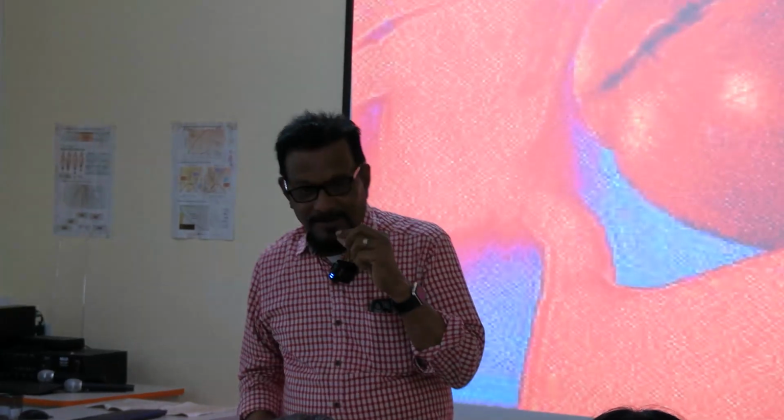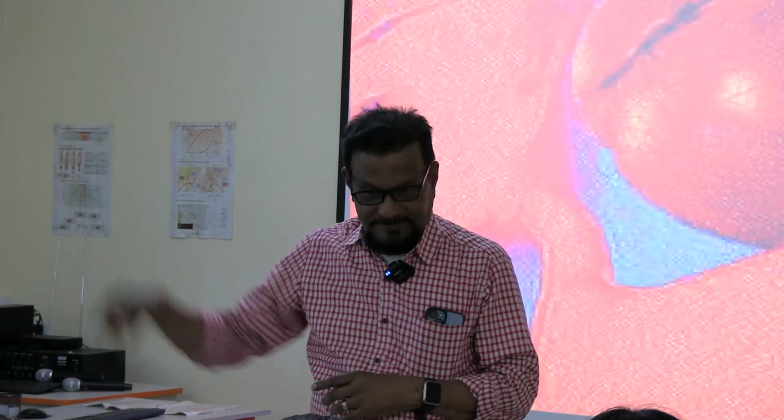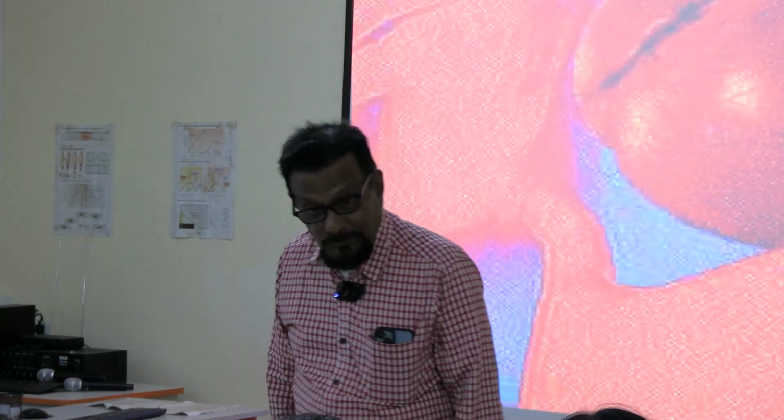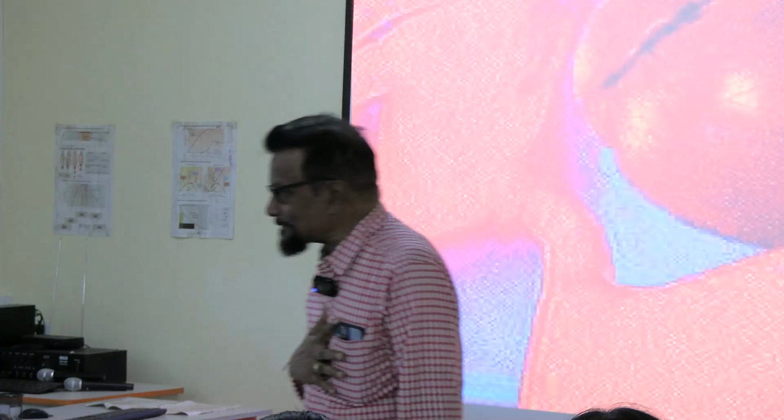Similarly, our cardiac muscles must get the cardiac impulse. Here they get it through wires. Fortunately, our heart is also having wiring, which means we also have a conduction system.